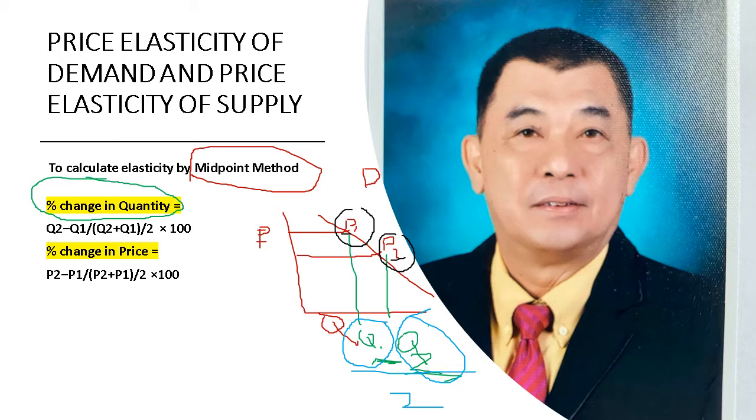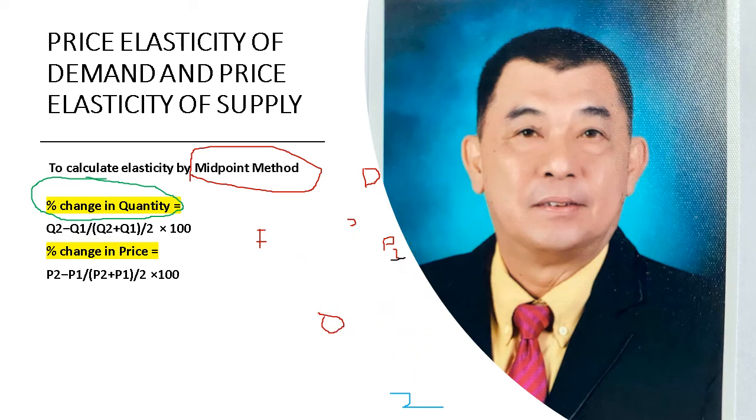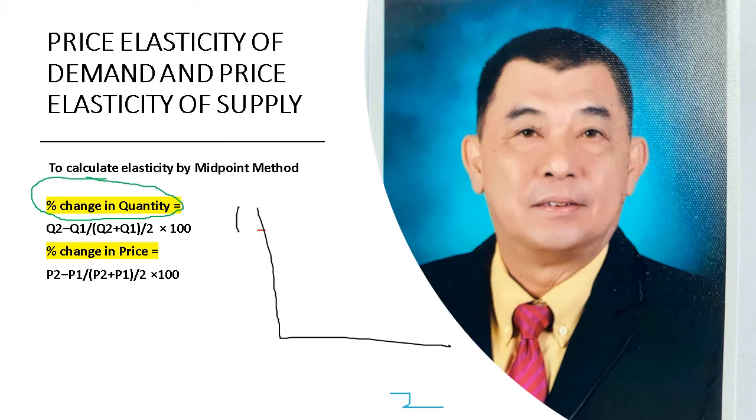The same is true if you are going to calculate elasticity in the supply curve. In the supply curve, this is price, this is quantity, and the curve is going up.